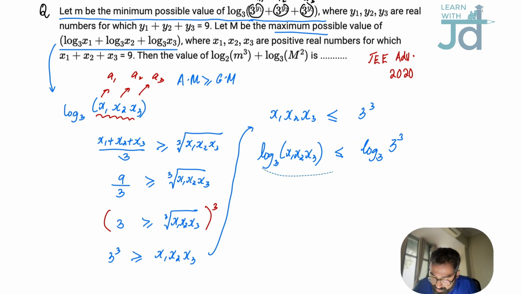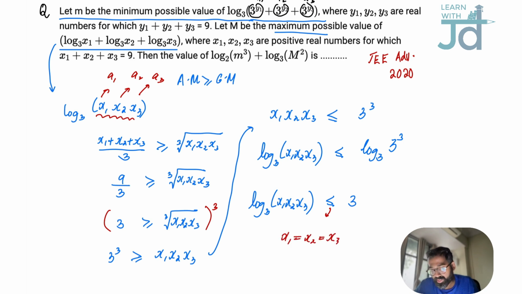So this is 3. Now, is this equality valid? Yes, when x1 is equal to x2 is equal to x3, and that can happen because they have only told us they are real numbers, so we can do it, no problem in that.